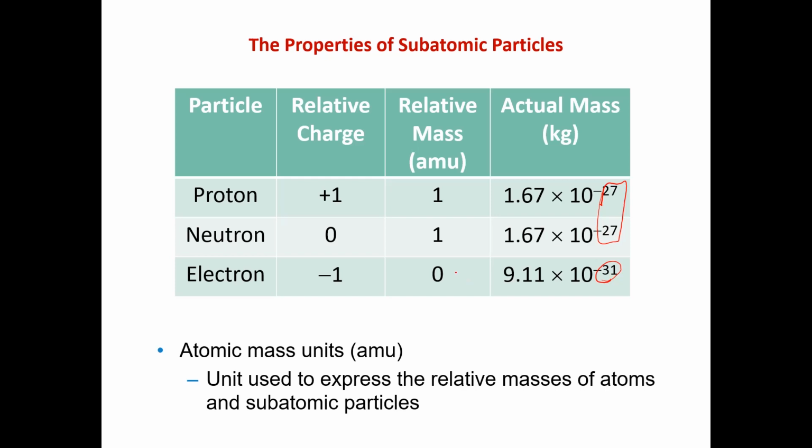So we say protons and neutrons have a relative mass of 1, and electrons have a relative mass of 0. Protons have a charge of +1, neutrons have a charge of 0, and electrons have a relative charge of -1.